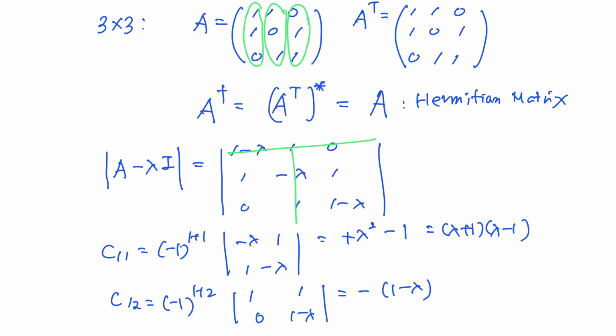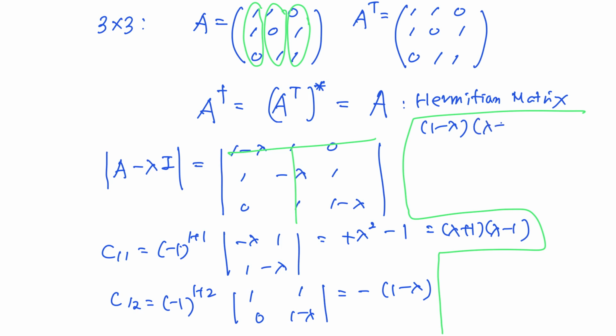So the determinant is 1 minus lambda times lambda plus 1, lambda minus 1, minus lambda.